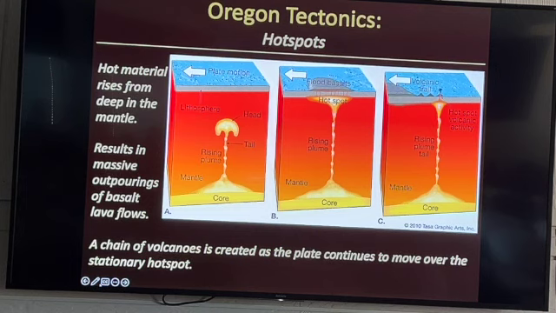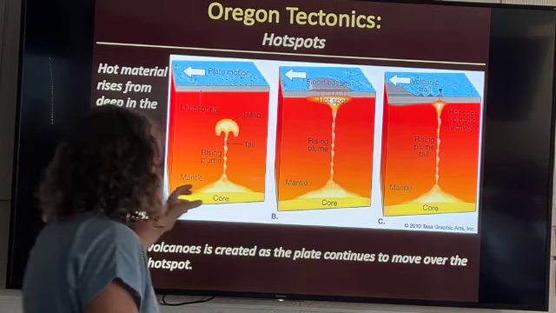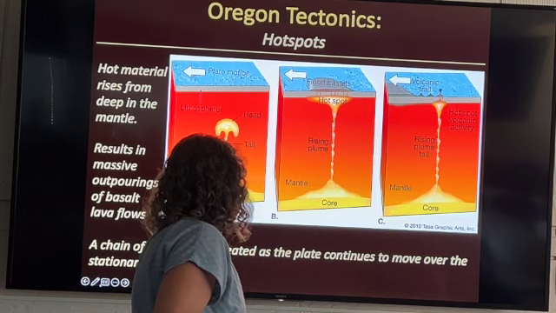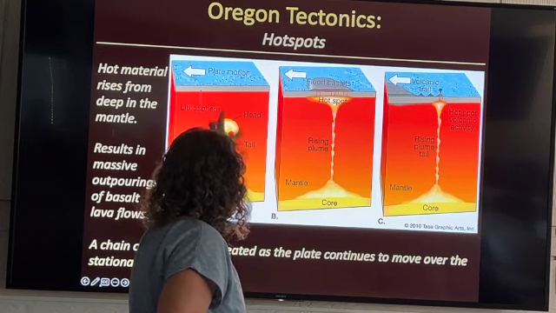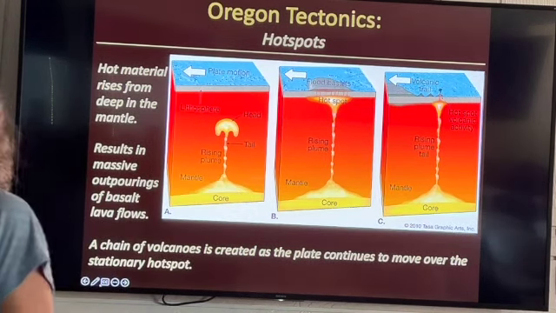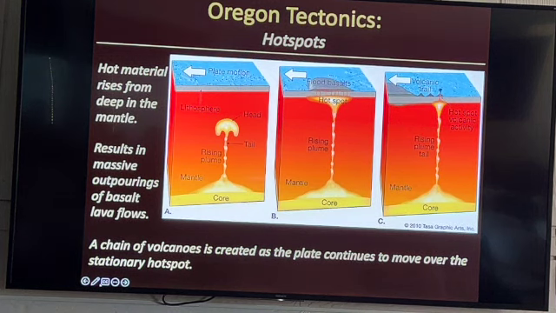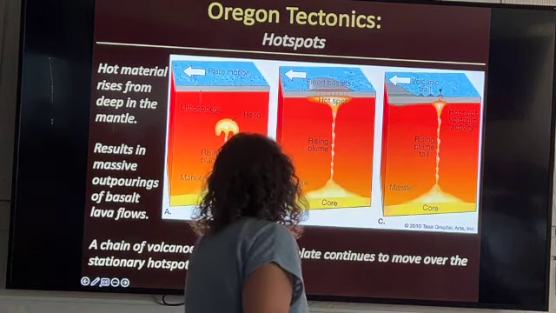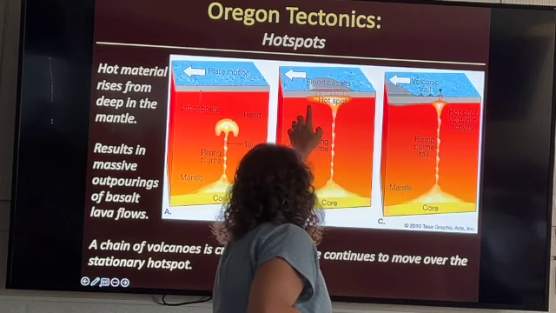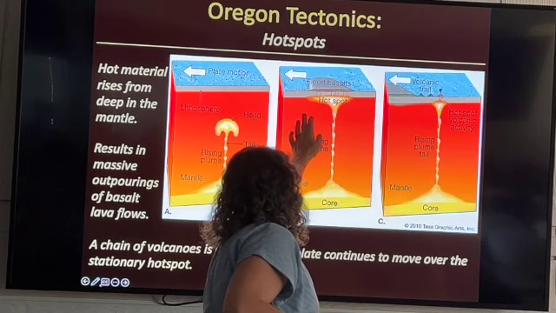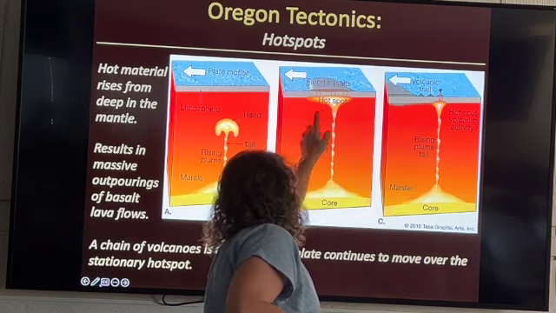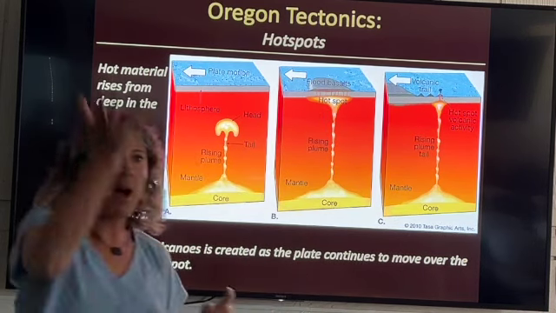And if you lower the pressure on a material enough, it will melt, wherever its melting point is. So if you can move material from deep in the mantle to shallow in the mantle quickly enough, you're decreasing the pressure of that material, and it melts. As it comes up, it melts. Also, because this material is rising quickly enough, the temperature of the mantle here is lower. It's still very high, but it's lower than the temperature of the mantle where that hot material has come up.